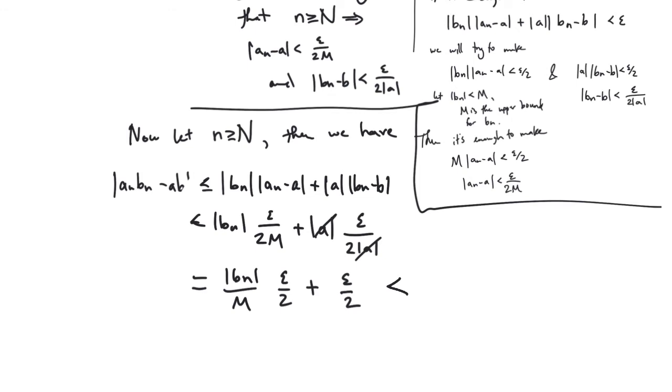That fraction bn over m is less than, I suppose it could be less than or equal to 1. Doesn't matter. Less than or equal to 1 times epsilon over 2 plus epsilon over 2, right? Bn is less than the m, which means that part of it is less than 1. And now what can you do? Well, this really is just epsilon over 2 plus epsilon over 2, which adds up to epsilon.